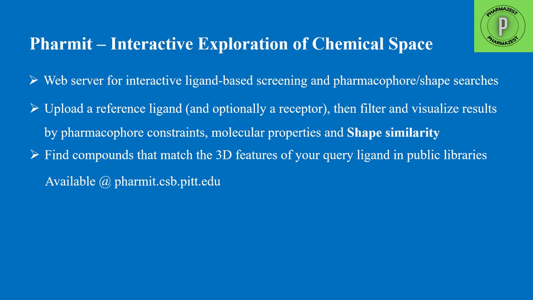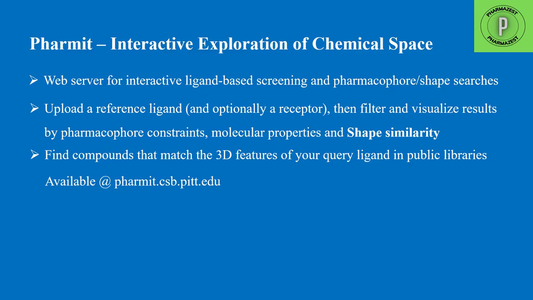This is a freely available web server, so you can go to Google and type the web address, pharmit.csb.pitt.edu. When you type this website, you will get the home page. On the home page, you can upload your reference ligand, like the isoniazid structure I showed just now. Then it will filter and visualize the results based on pharmacophore.